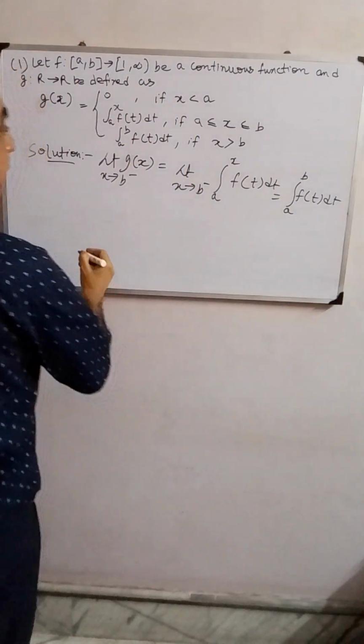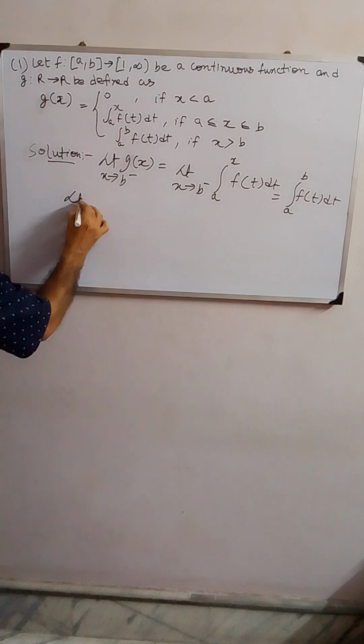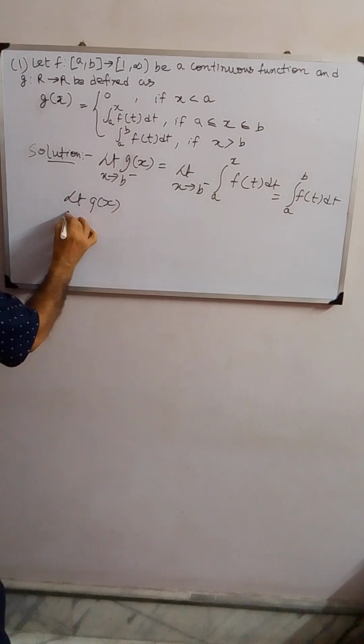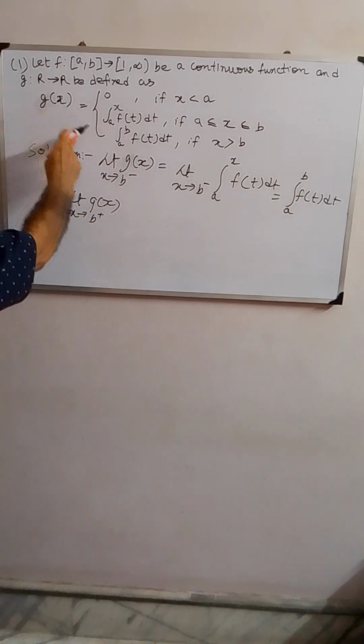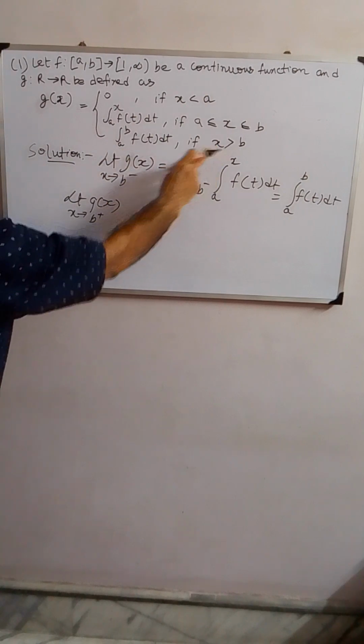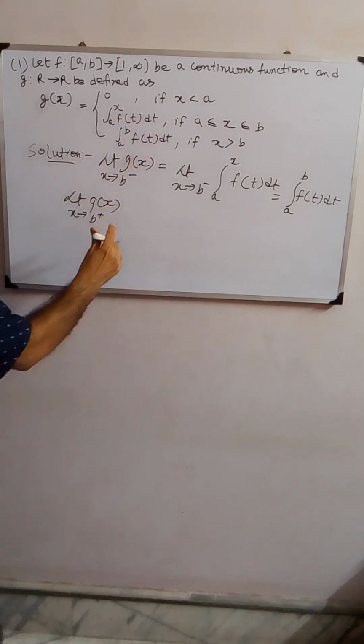Okay, and the limit of g(x) when x tends to b plus. So when x is greater than b, what is the value of g(x)? The value of g(x) is equal to this.